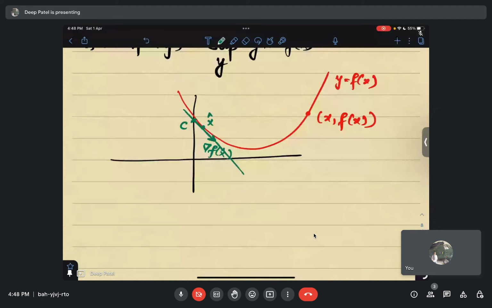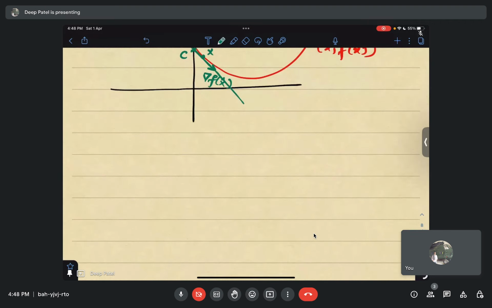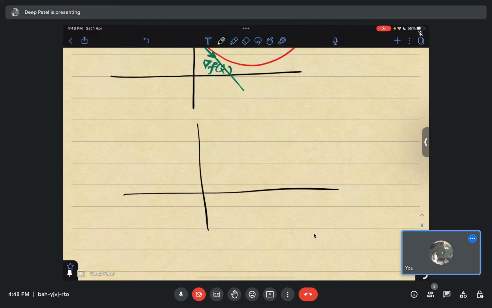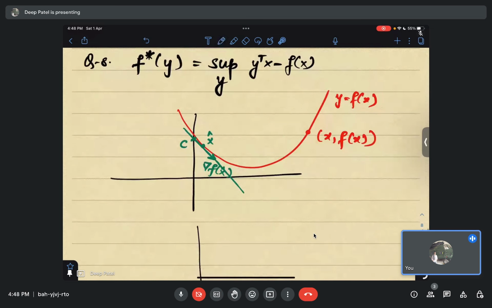Fine. So it's still not complete. I just finished the first step. So what do we do now? Remember that I want to define this graph, I want to define this function, but I don't want to use the representation x comma f of x for all x in the domain of f.